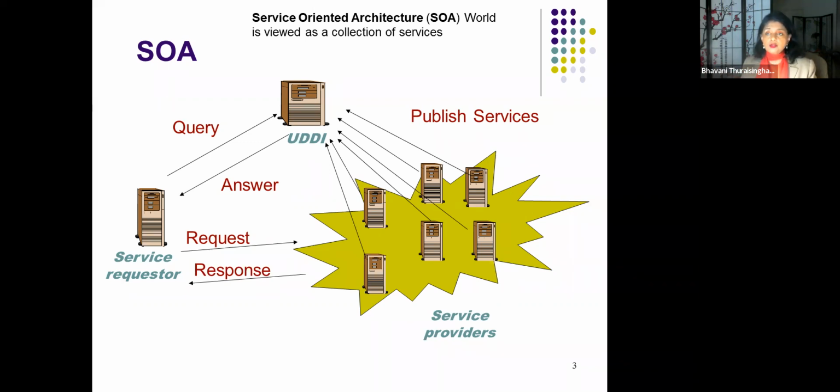Another thing I wanted to mention is that everything is based on services, right? So for instance, we go to see our doctor, and let's say our doctor works as part of a clinic, or he or she works at a hospital. In that case, the doctor is a service provider. He or she is providing a healthcare service.